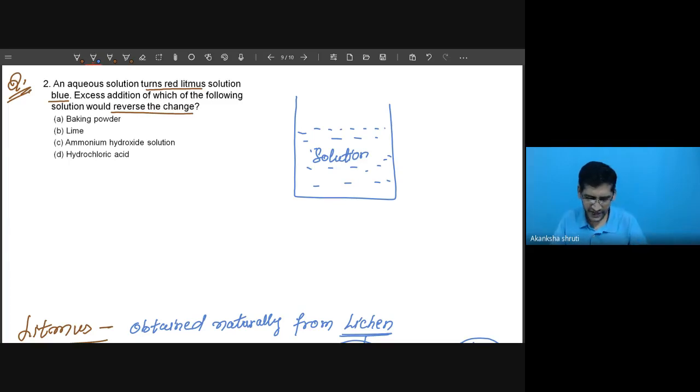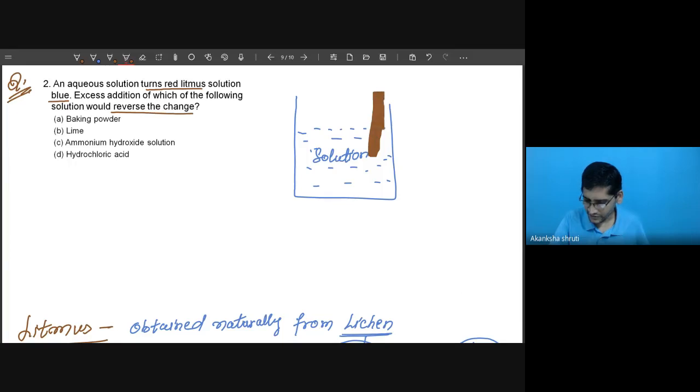But this solution has the characteristic to turn the red litmus. If you are dipping the red litmus in this, this is the red litmus that I have dipped inside this.